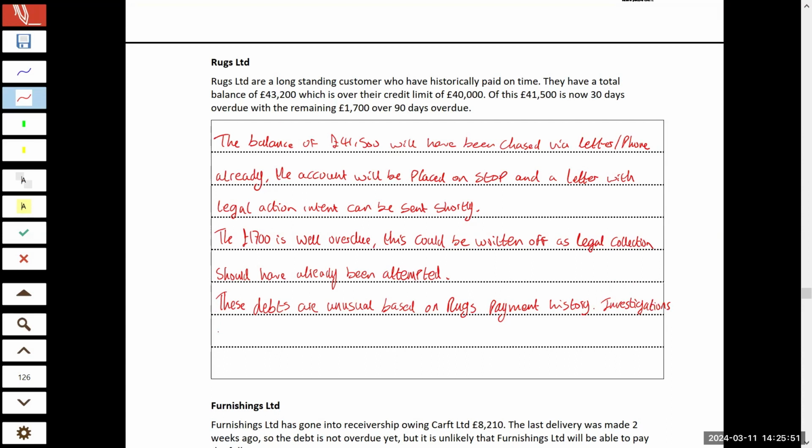Investigation should take place, to try and better understand what's going on. But obviously, hopefully, try and settle the debts as well.